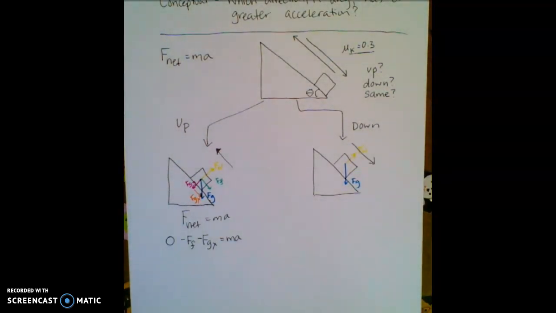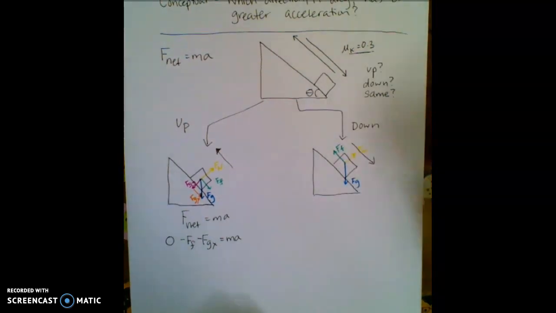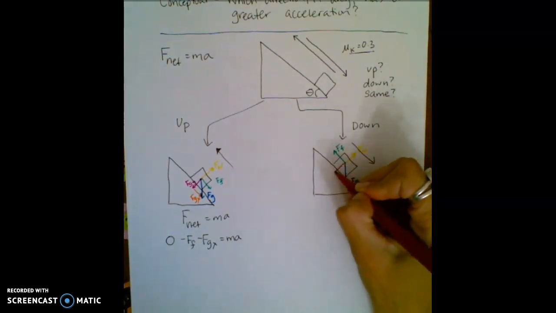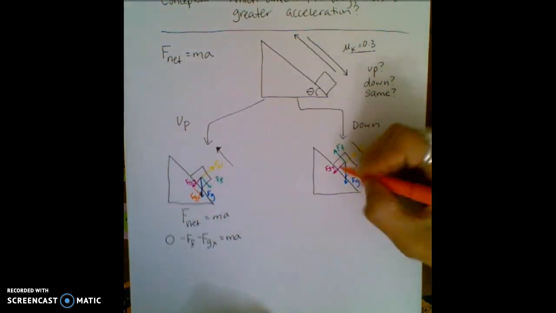I have friction, but if my box is going down the incline now, that means friction acts up the incline. So it changes direction. But what doesn't change direction is FGX. So I have FGY perpendicular to the surface, and I have FGX parallel to the surface.